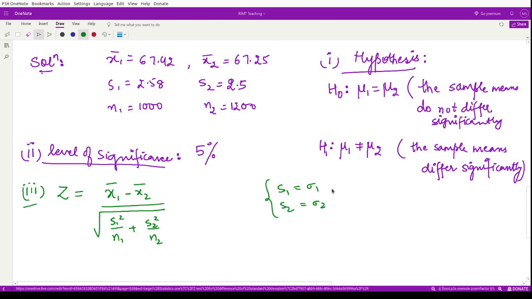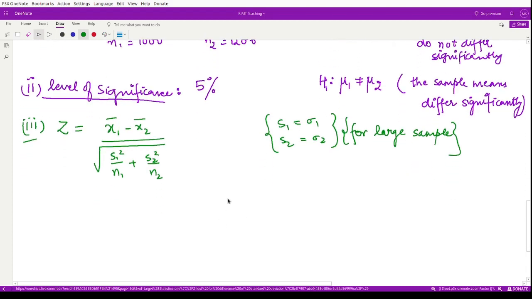Because the sample size is large, for large samples we may use the value s1 instead of sigma 1, and the value s2 instead of sigma 2, right? So let's move on and calculate this.